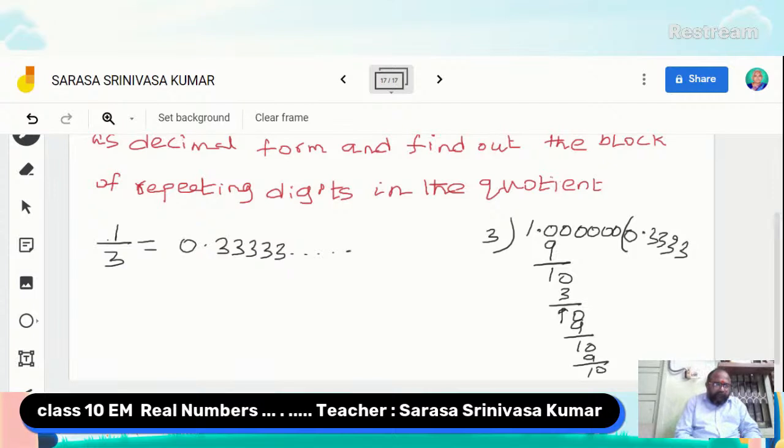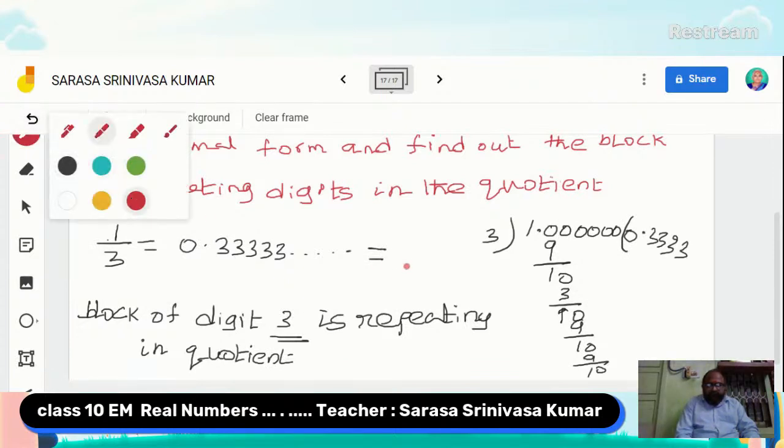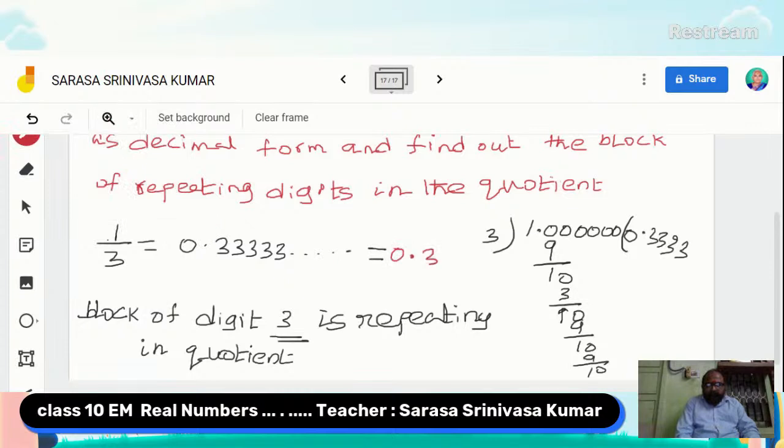So what is the block of digits? The block of digit 3 is repeating in the quotient. This can be expressed as 0.3 bar.